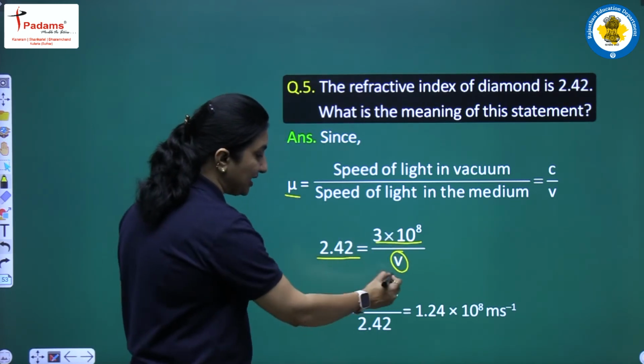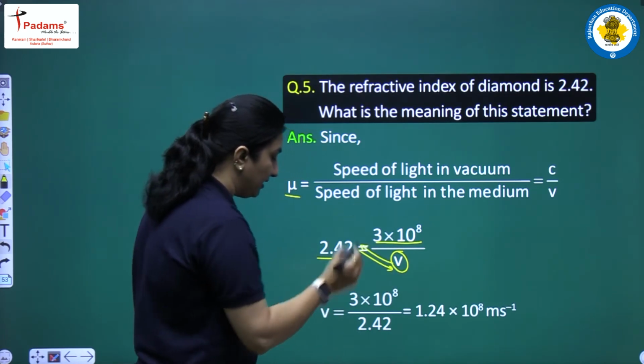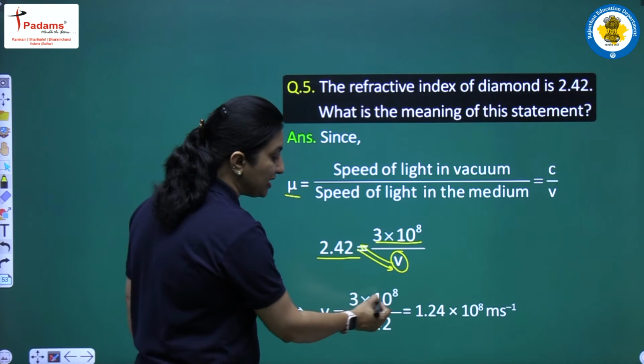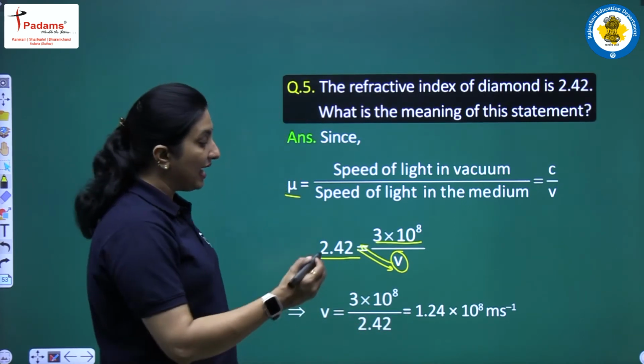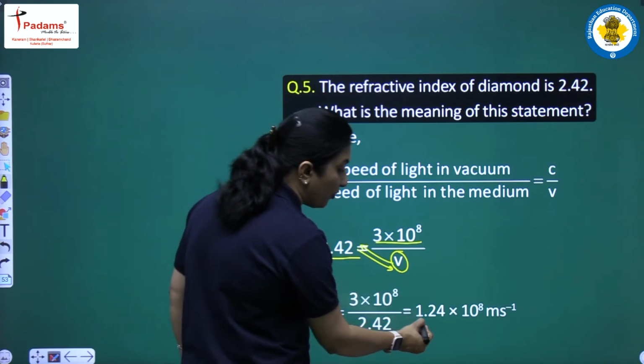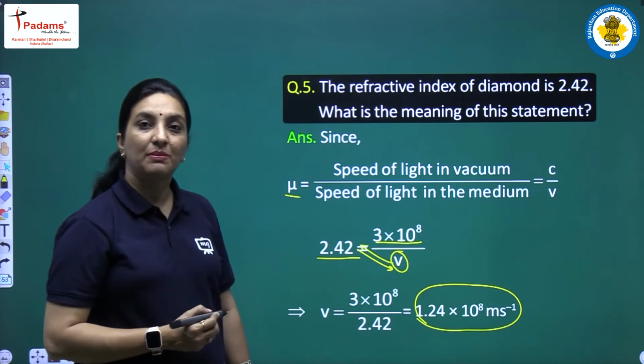So on rearranging, we will take V here and 2.42 will come here. So V becomes equal to 3 into 10 to the power 8 upon 2.42, which can be solved, and on solving we will get 1.24 into 10 to the power 8 meters per second.